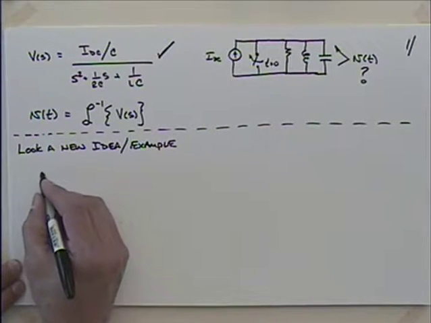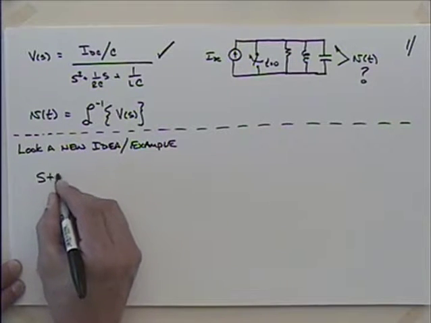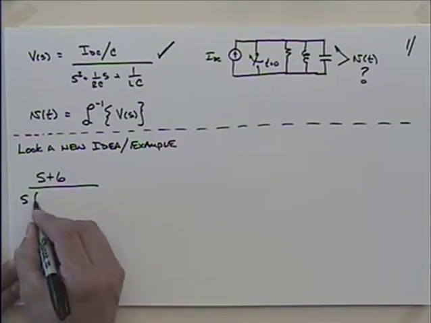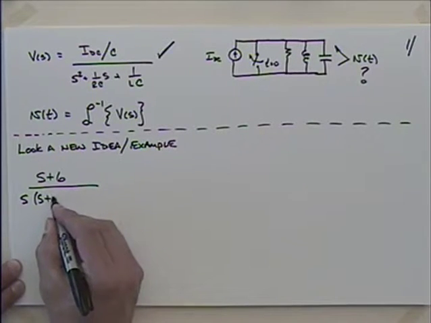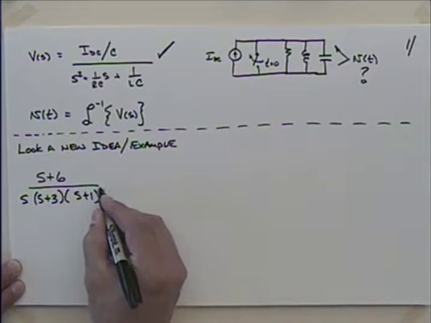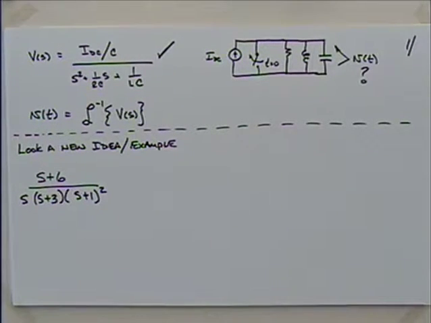I'd like to say that my polynomial comes up as something like this: s plus 6 divided by s times s plus 3 times s plus 1 squared. A little more difficult, and it's going to give us a little bit of practice as we talk about the inverse Laplace transform, which deals with a partial fraction technique.